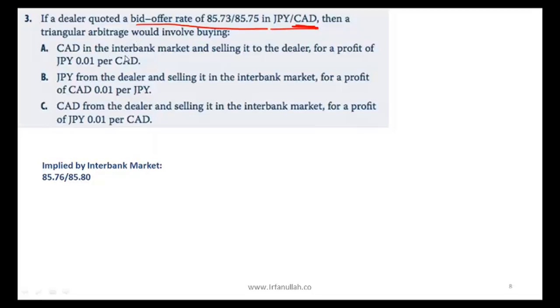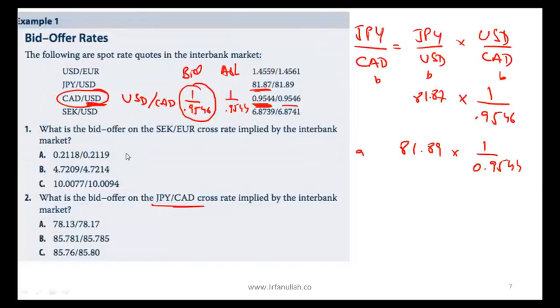We are not going through all the transactions, but the point is this. You are also given this information. Based on what we just calculated in this question, the Japanese yen, what was the implied cross rate? Did we come up with an answer?